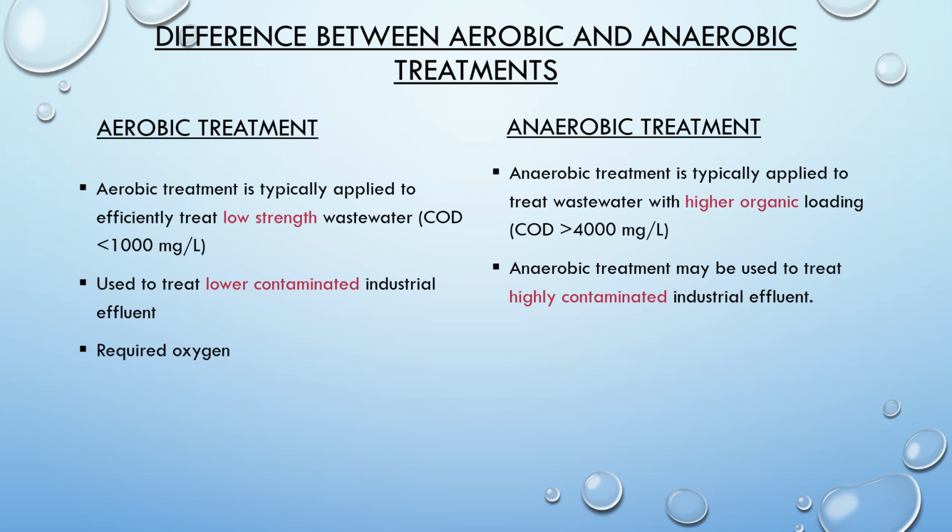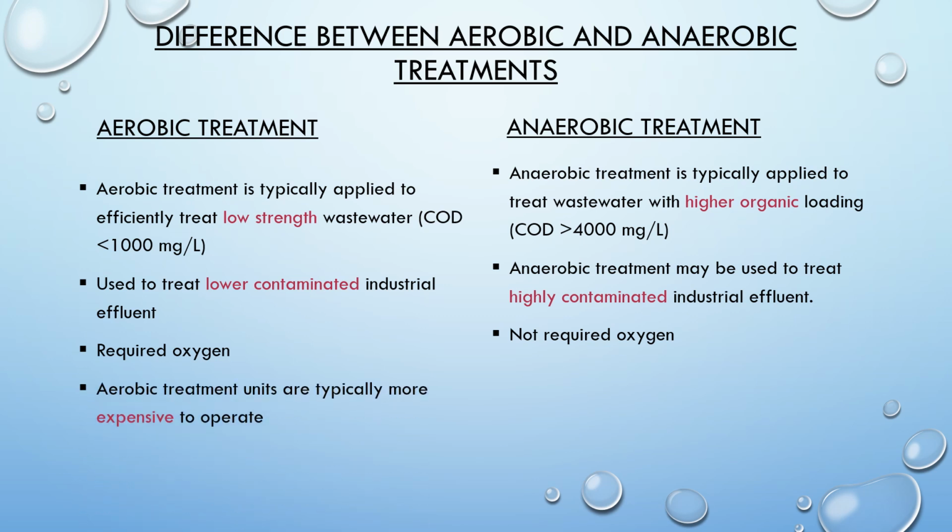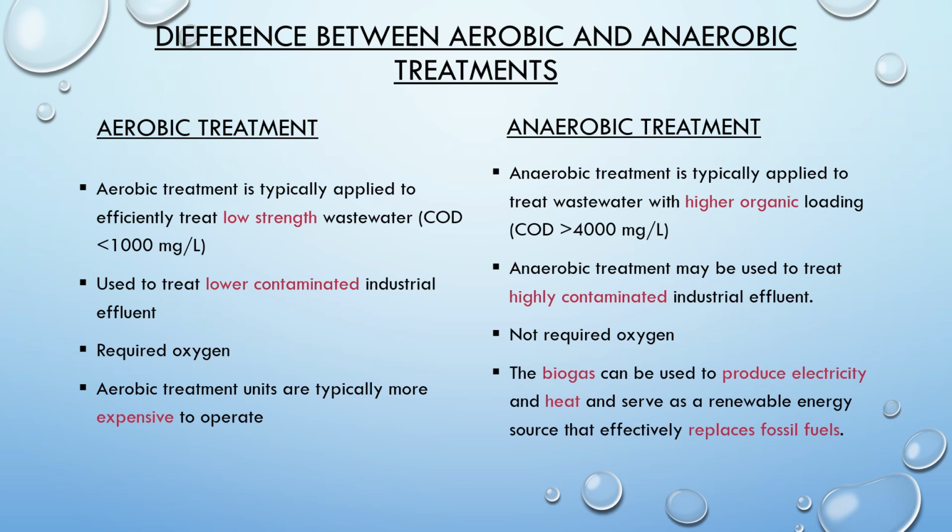Aerobic treatment requires oxygen, whereas anaerobic does not require oxygen. Aerobic treatment units are typically more expensive to operate, whereas the biogas in anaerobic treatment can be used to produce electricity and heat and serve as a renewable energy resource that effectively replaces fossil fuels.